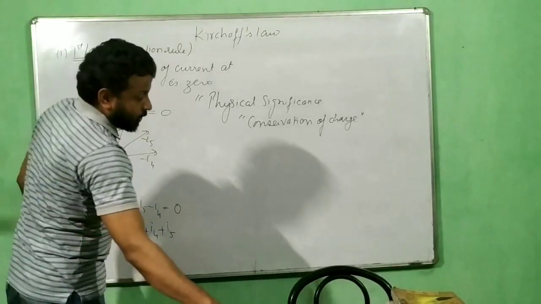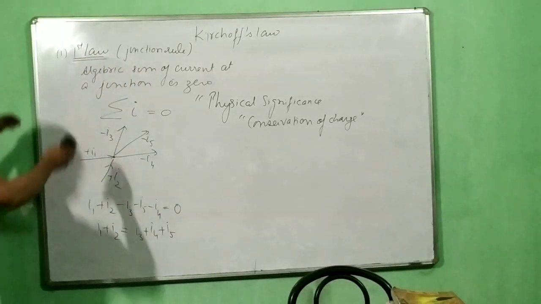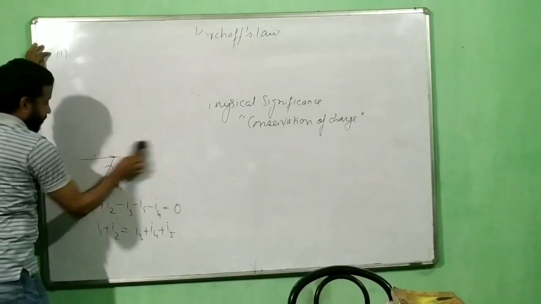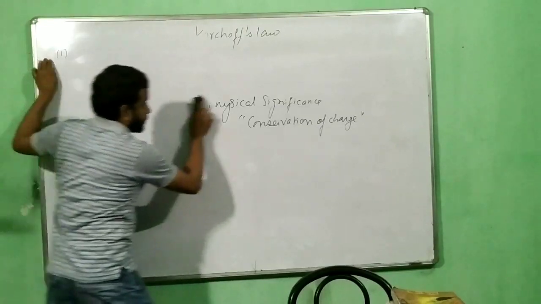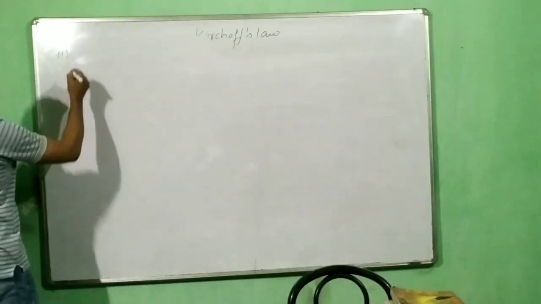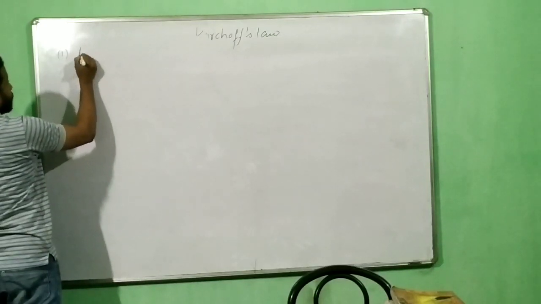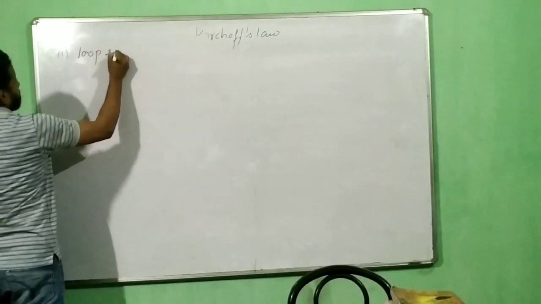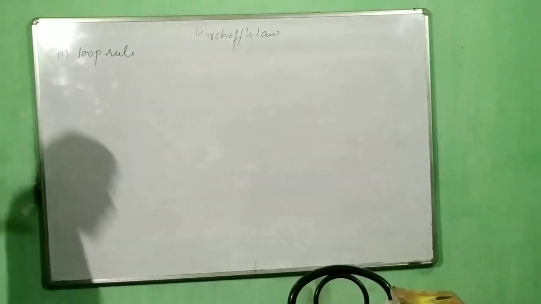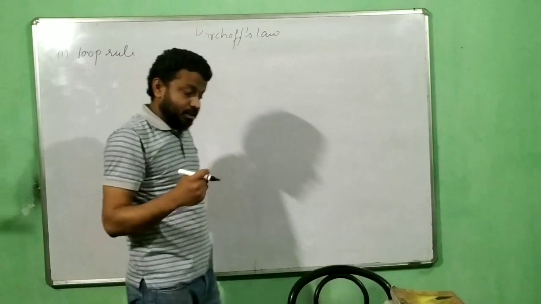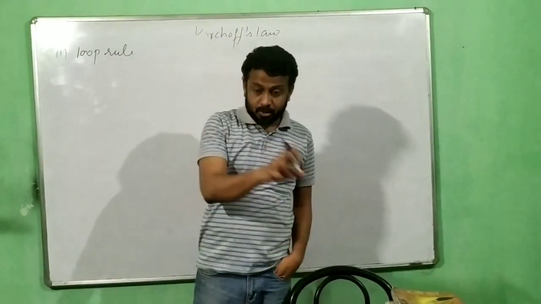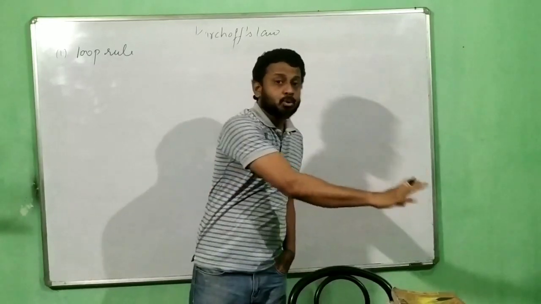Then comes the second law. The second law is called the loop rule. It says that the algebraic sum of potential drop or potential change in the entire loop, okay, the loop has to be a closed loop, must add up to 0.